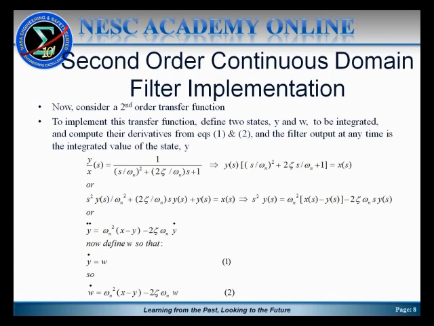Then you can also write y dot is equal to the current integrated state of w. So those two equations define the states y and w that need to be integrated, and thereby those two states will implement that second order continuous filter.